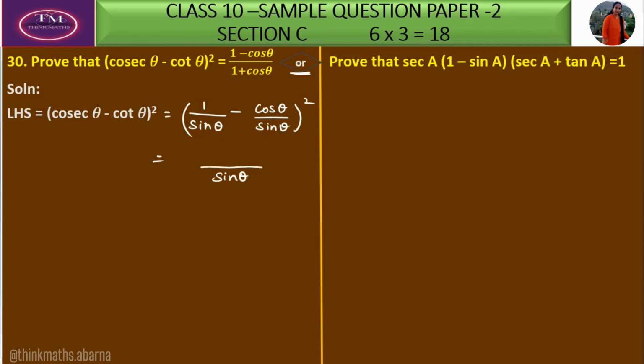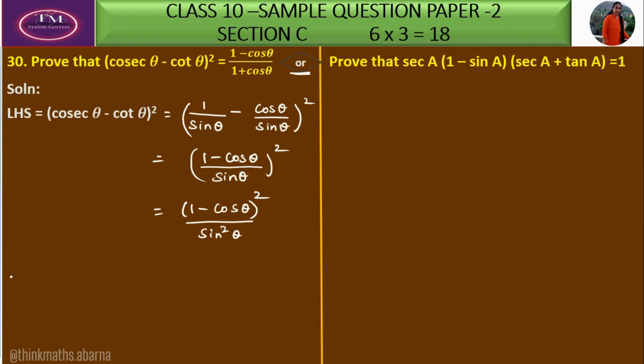As both have the same denominator, the numerator can be joined. So it is (1 minus cos theta) whole square. Now don't expand it as a minus b whole square, because we have 1 minus cos theta, so keep that as such. Numerator (1 minus cos theta) whole square. Denominator also we have to square, so it is sin square theta.